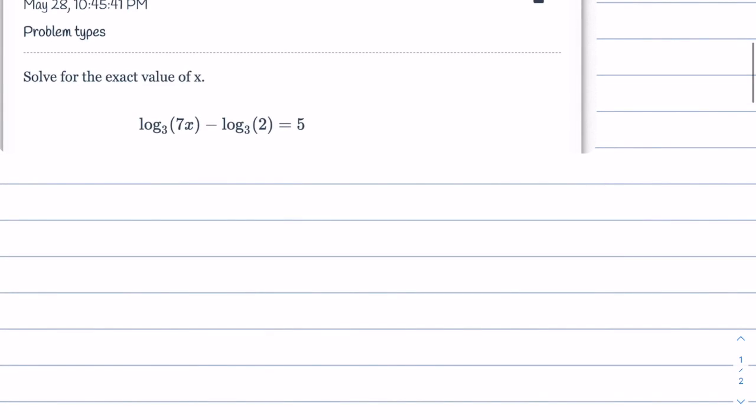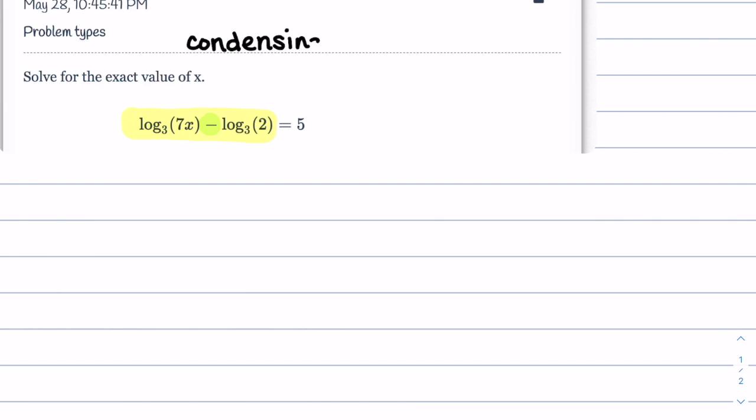So it says log base 3 of 7x minus log base 3 of 2 equals 5. So first thing I want you to notice is we are in a position where we have two separate logs, and in between those two logs we have a minus sign. So you probably remember from a week or two ago, I taught you how to do this thing called condensing logarithms.